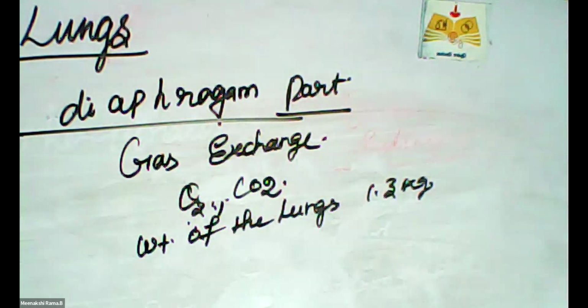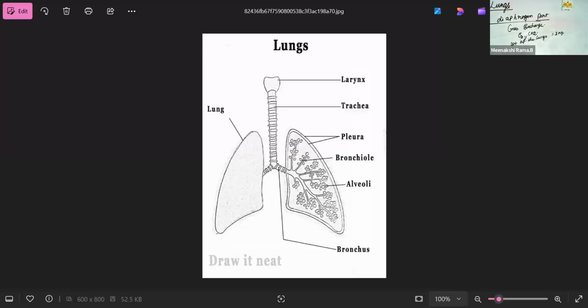Now I'm going to show a picture of the lungs. This is the diagram of the lungs. There are two lungs in our body, the left lung and the right lung. The initial part is the larynx. This is the trachea, the stem part.